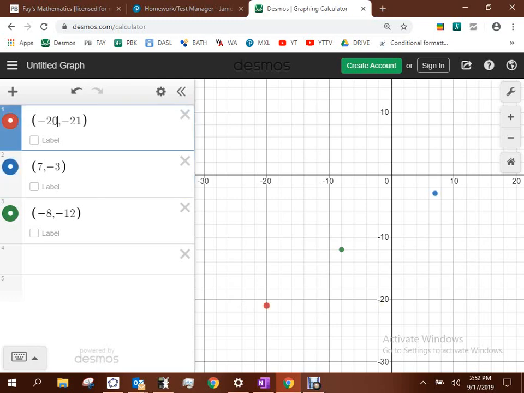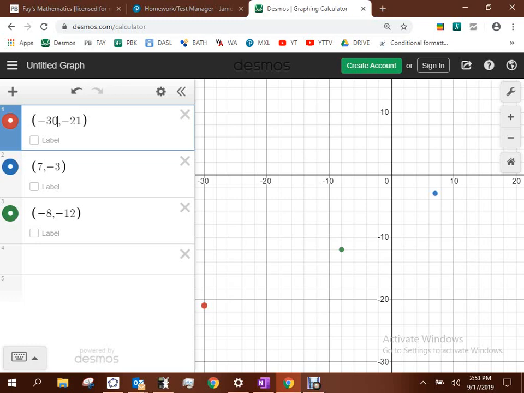So let's say I did the work and I got something like negative 30, negative 21. That kind of looks misaligned, doesn't it? Okay, so that visual would help me tell, well, maybe I've done something wrong with my midpoint formula. I need to reevaluate.